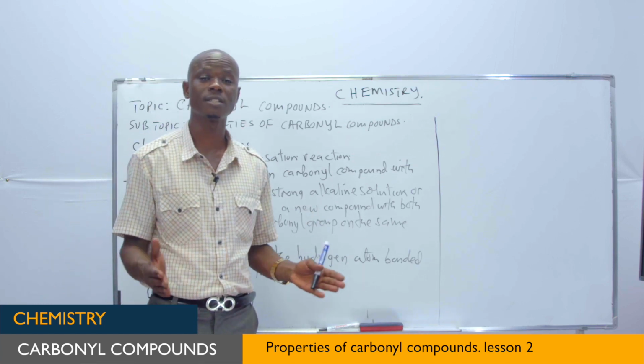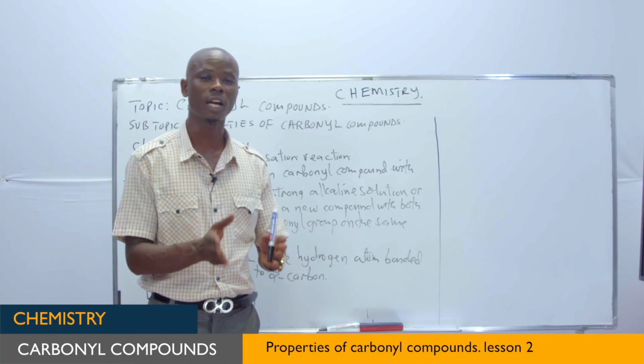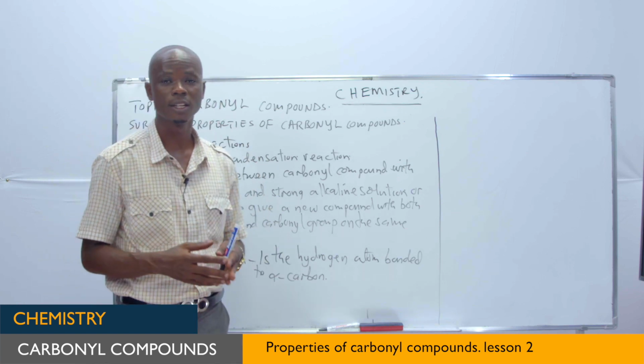Now you can ask yourself, what is alpha carbon? Alpha carbon is the carbon atom which is directly bonded to the carbon of the carbonyl group. So it is very simple to understand this definition.